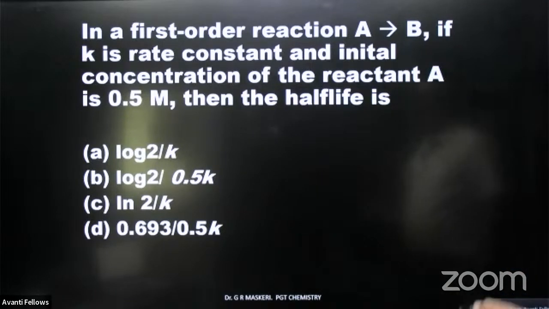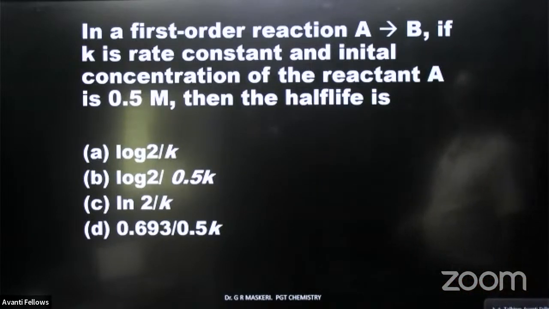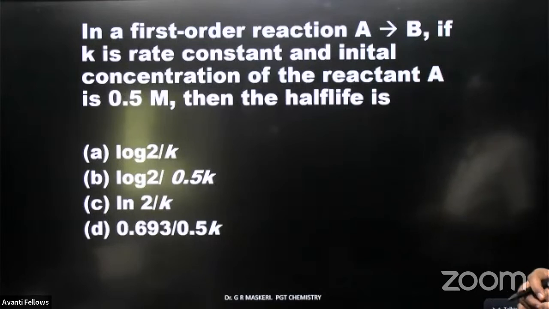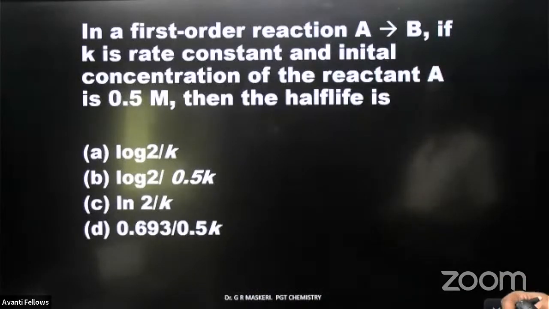In the first order reaction, A giving rise to B, if the K is rate constant and initial concentration of the reactant A is 0.5 M, then half-life is... Option C. Okay.